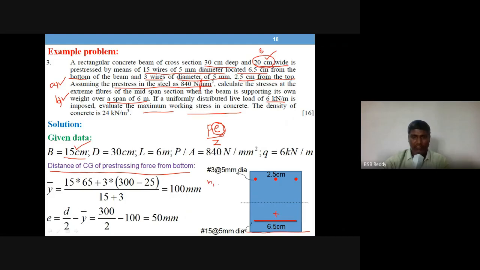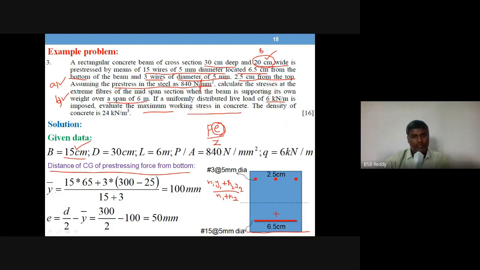Now we are working out in the numbers. So N1 Y1 plus N2 Y2 divided by N1 plus N2. This is the formula used for finding CG value.